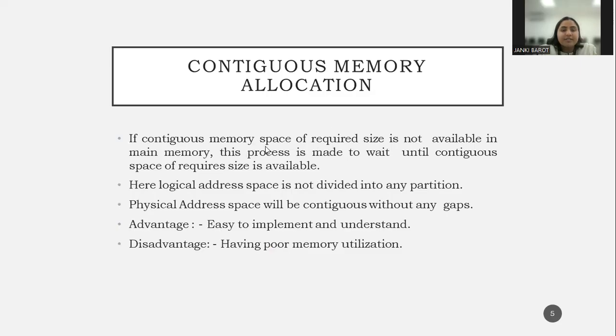If contiguous memory space of required size is not available in main memory, the process is made to wait until contiguous space of required size is available. The process's logical address space is not divided into any partition. Physical address space will be contiguous without any gap.